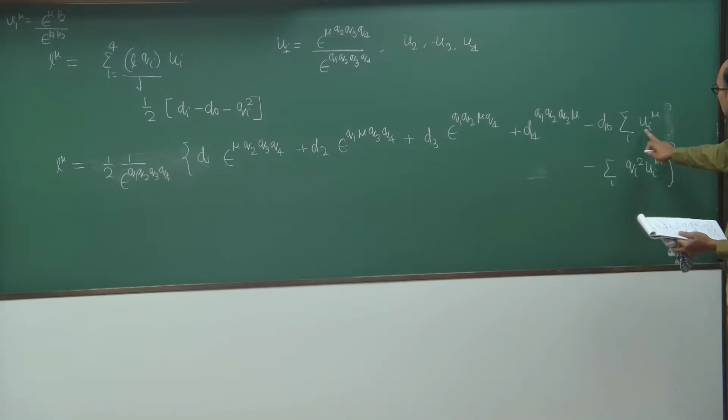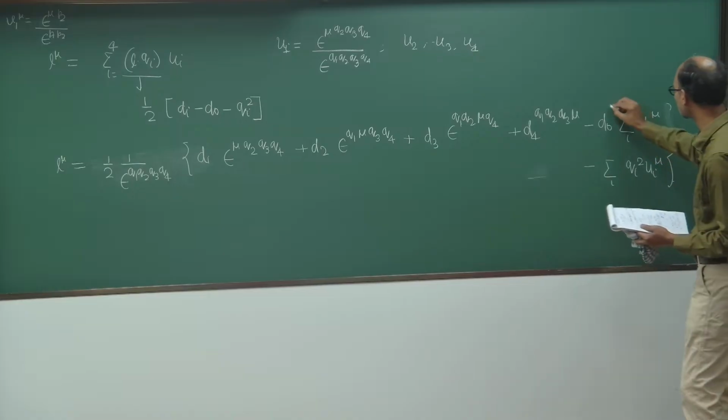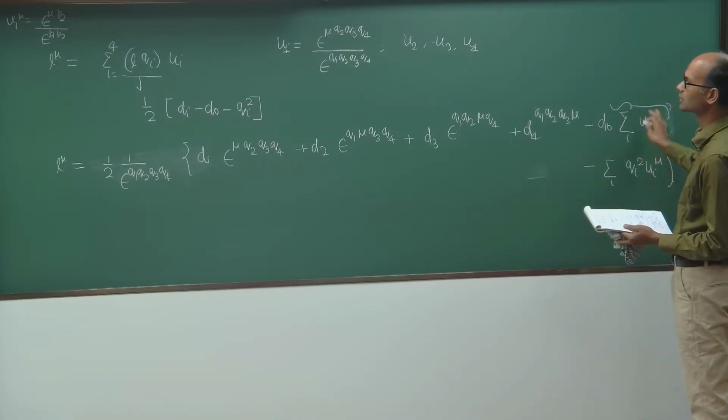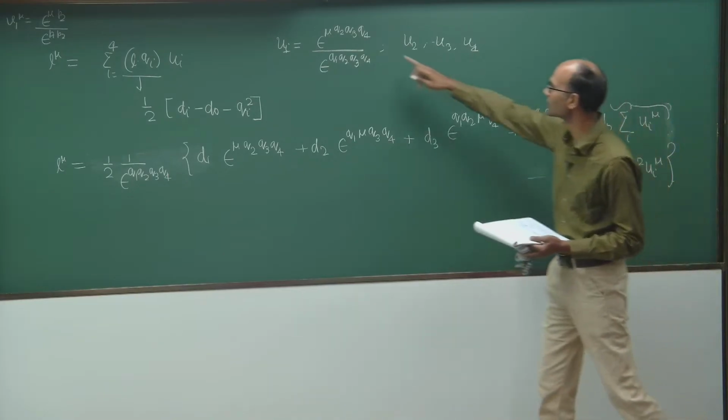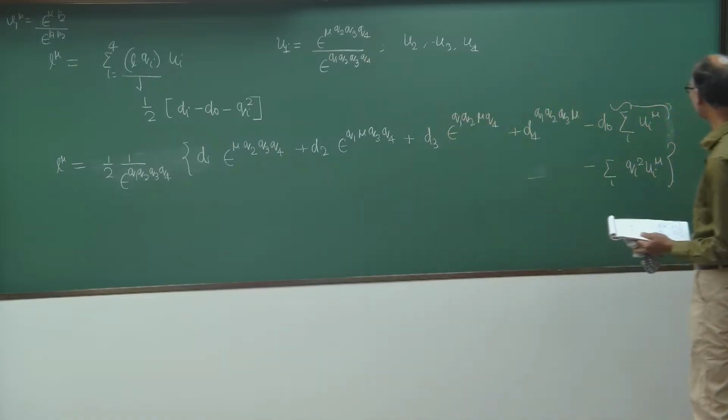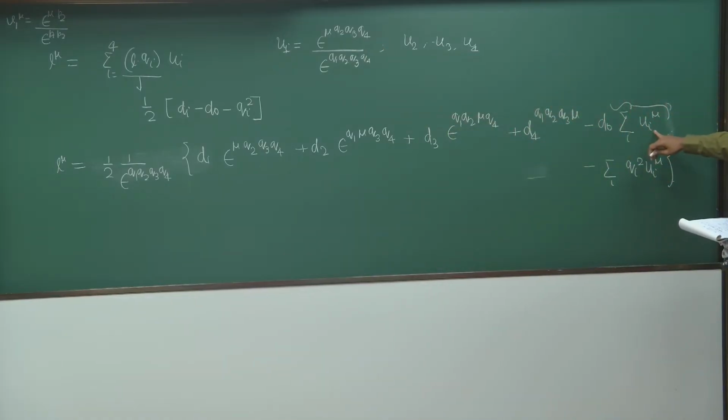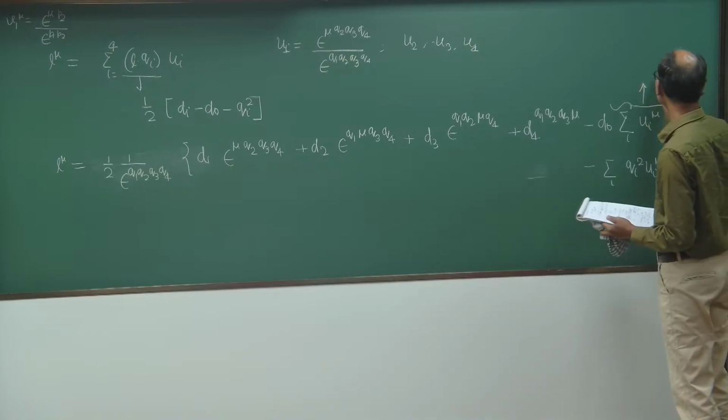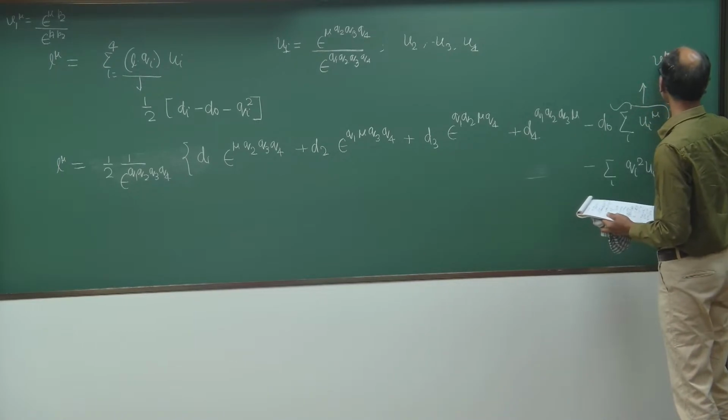Now, this is an exercise for you which is not very difficult, and it would allow you also to understand and appreciate this notation. What is that? This is sum of u1 plus u2 plus u3 plus u4, and the exercise for you is to show that this is v1 mu.